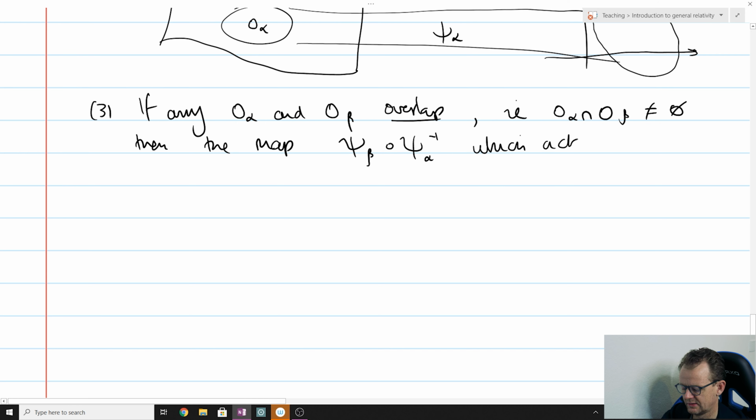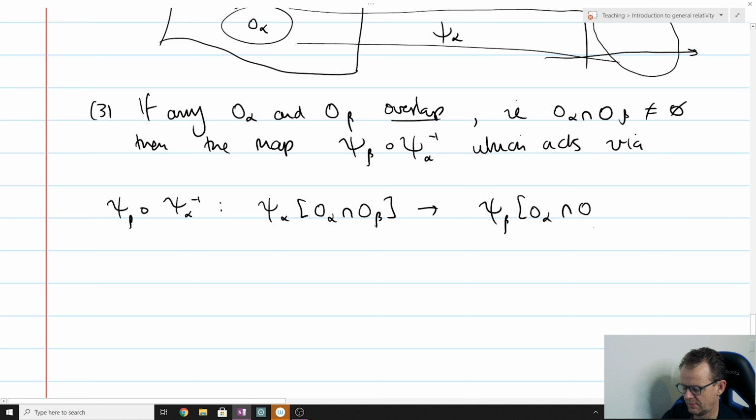So you can build this map, psi beta composed with psi alpha inverse. And where does it go from and to? Well, it goes from psi alpha of O alpha intersect O beta, and it goes to psi beta of O alpha intersect O beta.